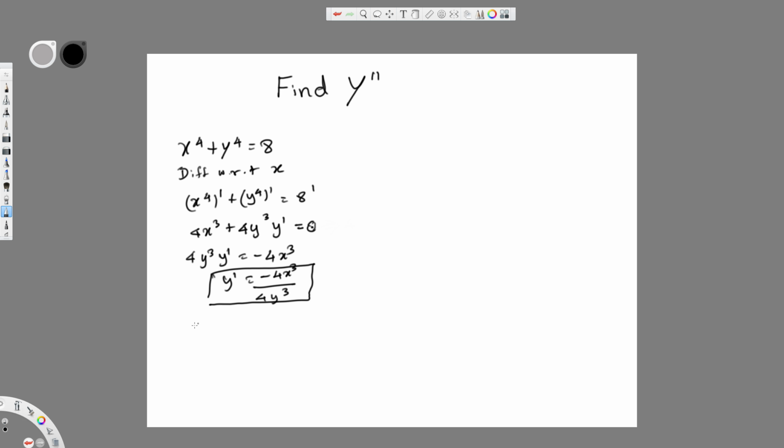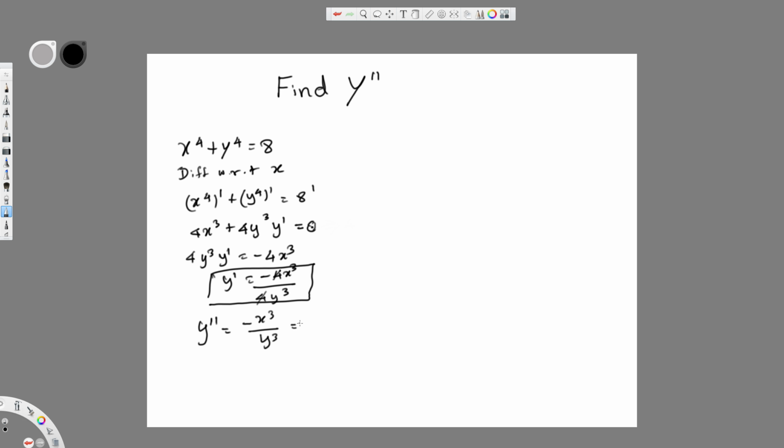So now what I have to do is find y double prime. In order to do that, first of all I have to find the derivative of the y prime I have found already. In this case the 4 cancels, so it's going to be minus x cube over y cube.